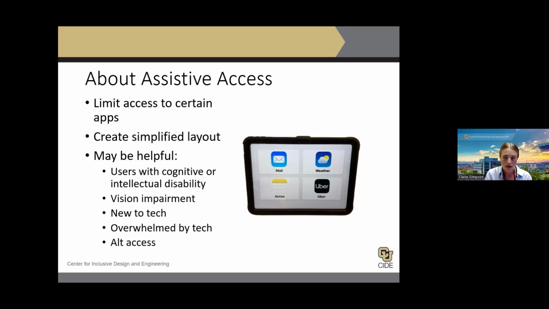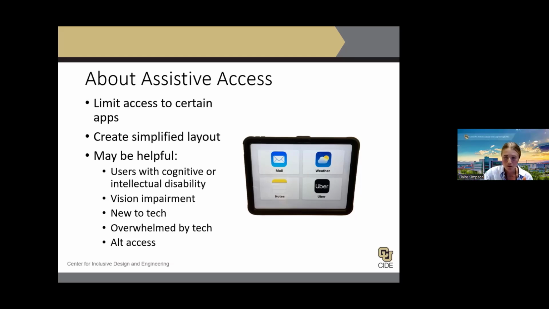But one thing that's really important to consider here is, does the user need the layout within the app simplified as well? So Assistive Access will only simplify or change the layout within an app if it is an iOS app that is optimized for Assistive Access. And they give you a list when you go in and set it up.